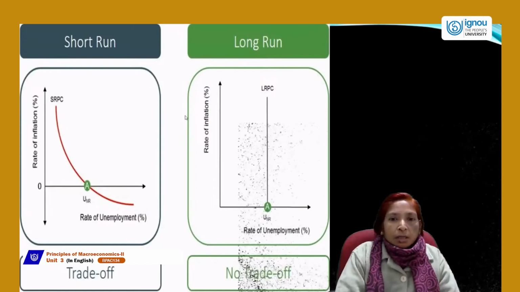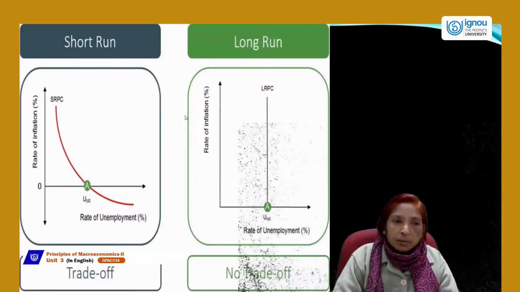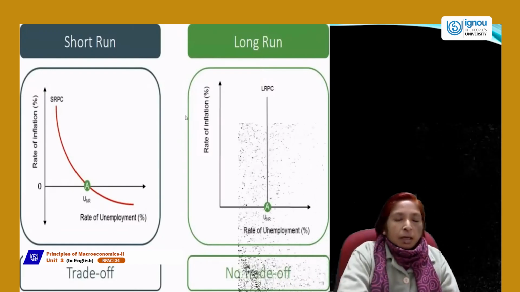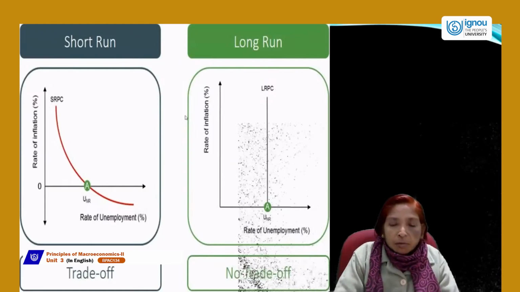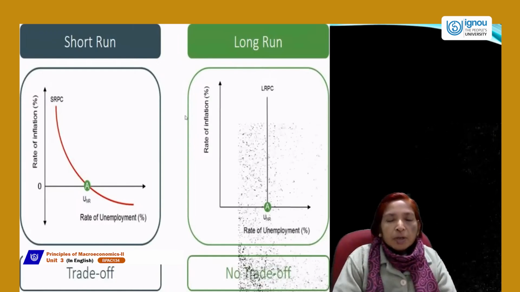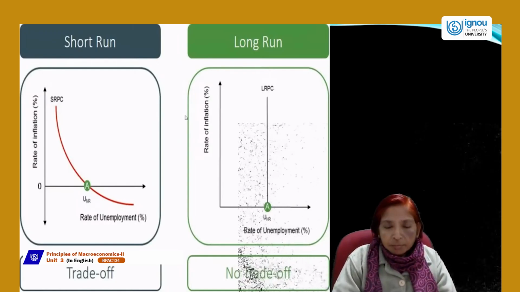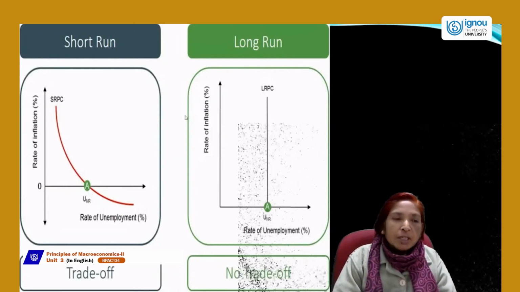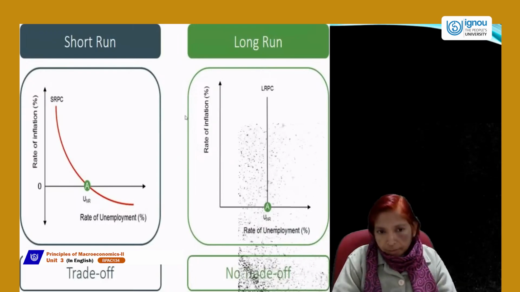Next, this is the short run Phillips curve and long run Phillips curve. The short run Phillips curve will be a downward sloping curve, and the long run Phillips curve will be vertical, because there is no trade-off between inflation and unemployment in the long run, but there is a trade-off between wage inflation and unemployment in the short run.